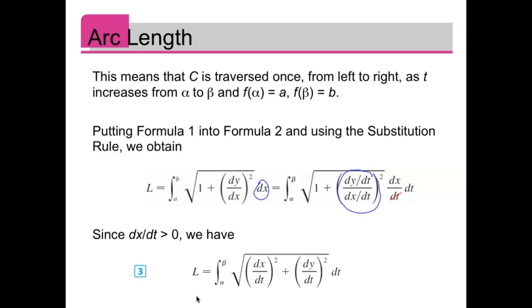So basically these differentials would cancel and leave me with just the dx there, which is why that's a valid substitution. Since I'm now integrating with respect to t, my limits of integration become alpha and beta, which were the parameters of t for tracing out the curve.